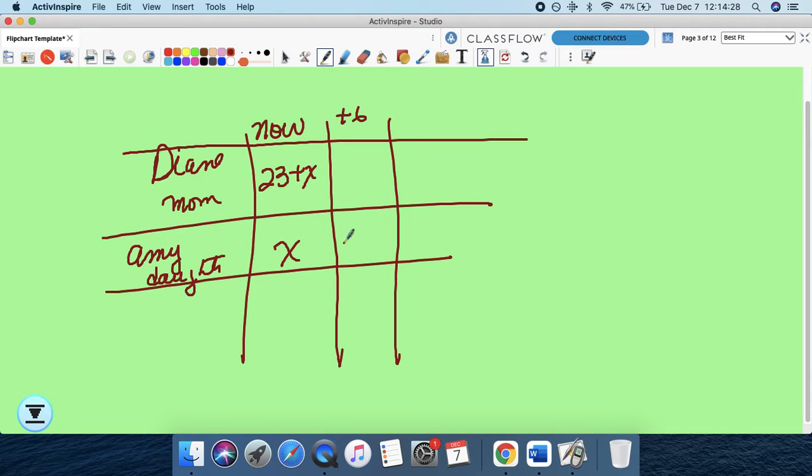In 6 years, the daughter's going to be whatever her age is, plus 6. And Diane's going to be 23 plus X plus 6, which we can simplify to 29 plus X. And in 6 years, they have, again, that special relationship where Diane, the mom, is going to be twice as old as the daughter, Amy.